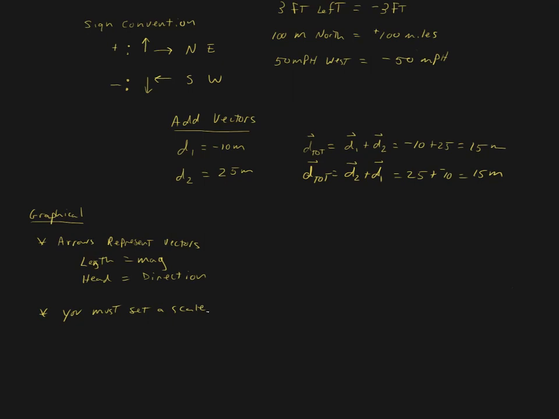The real strength of the graphical method of vector addition is that it gives you a visual of what's happening within the problem, so that you can anticipate: should my answer be large or small, or something in the middle? Is the direction probably to the left or to the right? Things like that. So that's the real strength of representing vectors graphically.